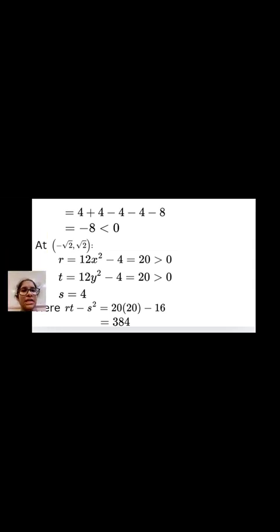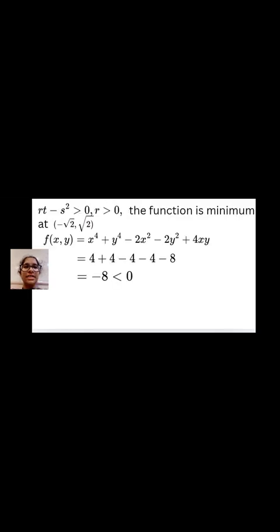At the last stationary point, that is (minus root 2, root 2): r = 12x^2 - 4, we get 20, that is greater than 0, and t = 12y^2 - 4 = 20, greater than 0, and s = 4. Here rt - s^2 = 20 × 20 - 16, that is 400 - 16, we get 384.